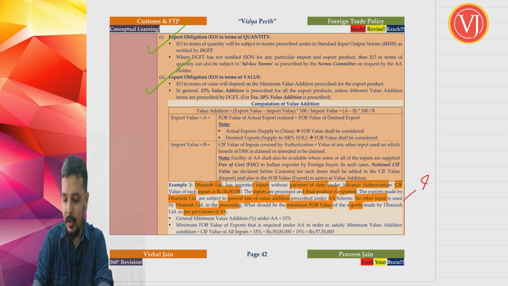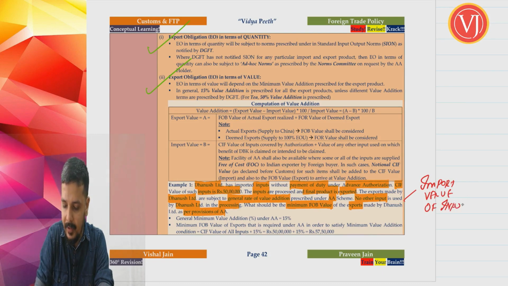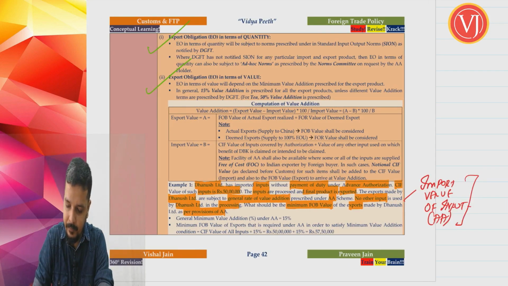What is your import value? There is only one input, which is under advance authorization. Your import value of input, which is only and only against advance authorization, is 50 lakhs.